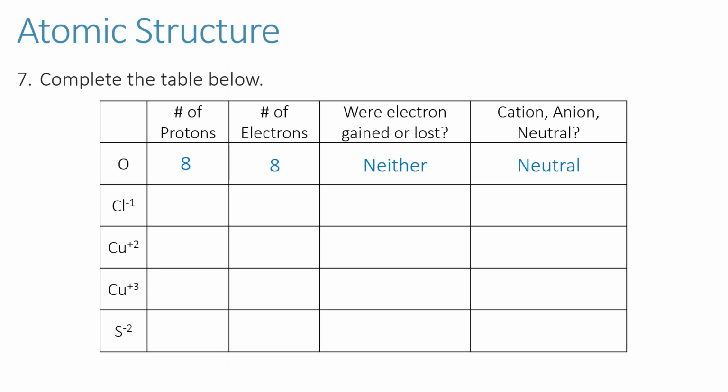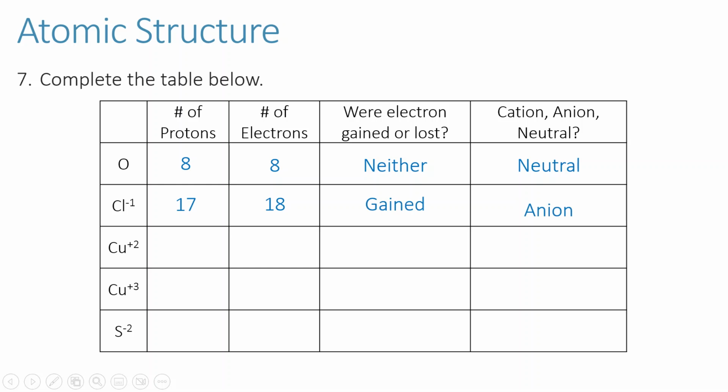Next, I have Cl minus 1. We call that chloride. Chlorine has 17 protons. This has a minus 1 charge, so that tells me that I must have one more electron than proton. So we gained 1 electron here and formed an anion.